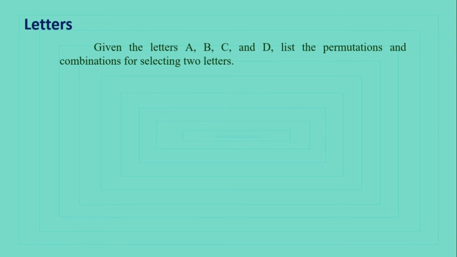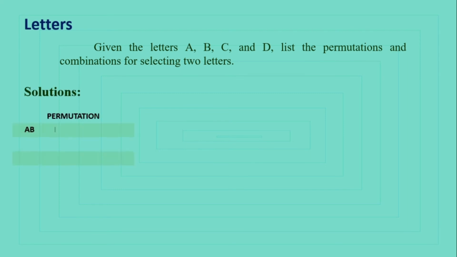To further understand the difference between the two, let's have an example entitled Letters. Given the letters A, B, C, and D, list the permutations and combinations for selecting 2 letters.